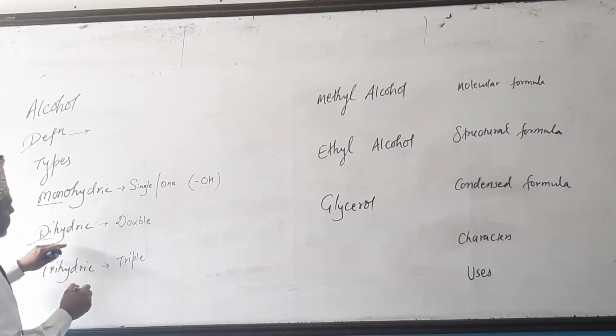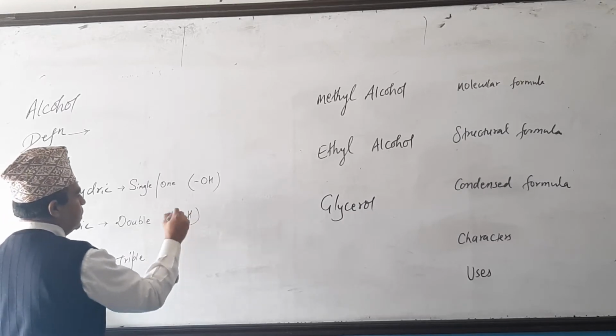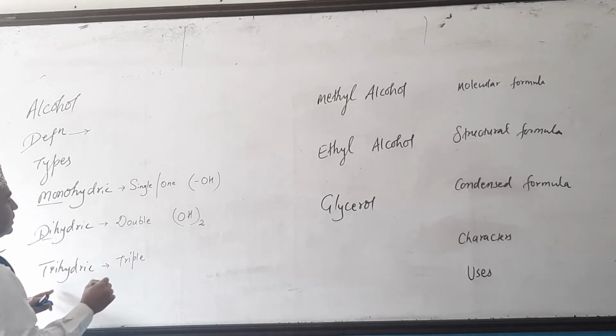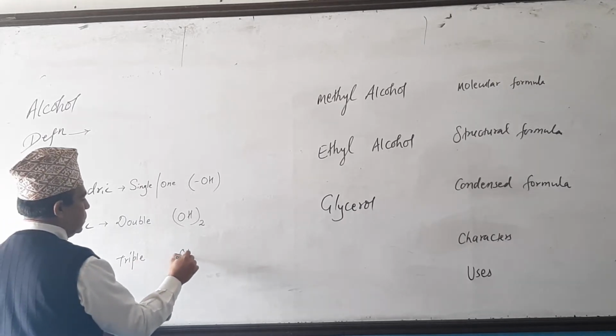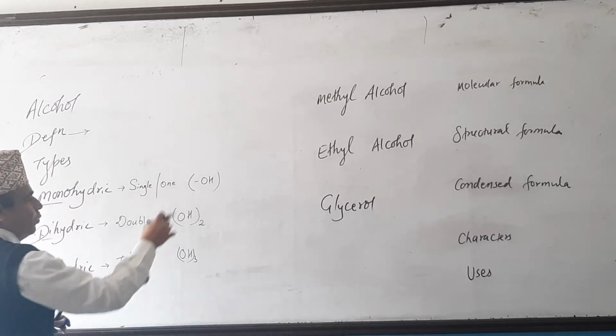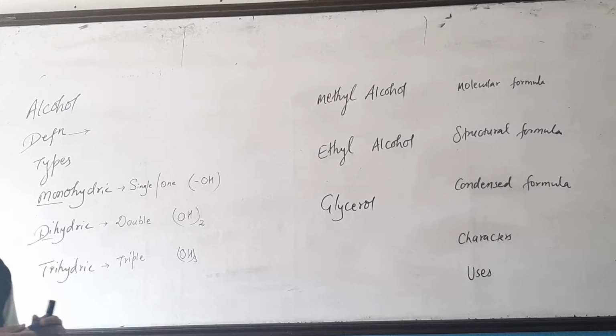Dihydric alcohol is that alcohol which contains 2 OH groups, right? In trihydric, there are 3 OH groups. 1 OH, 2 OH and 3 OH.